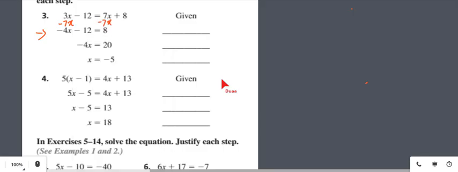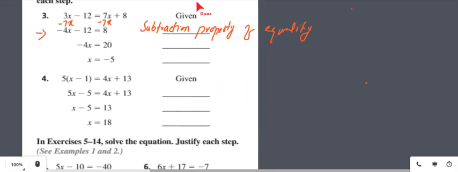If you subtracted 7 from both sides, that means you applied the subtraction property of equality. Then the second one would be the addition property of equality, right?